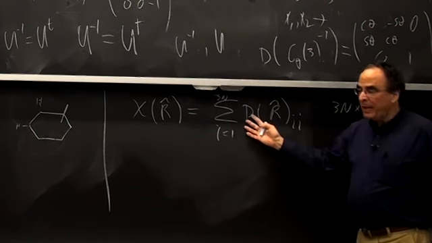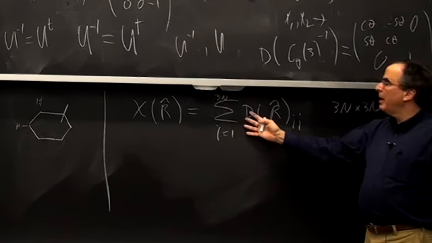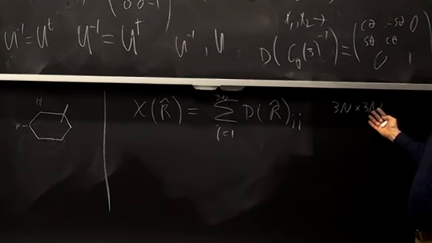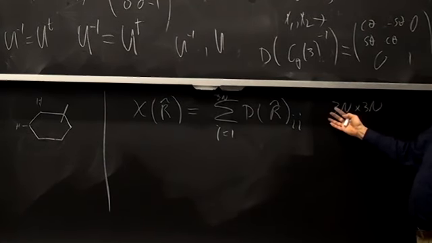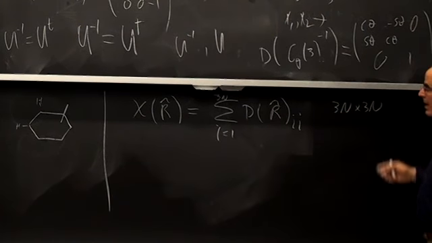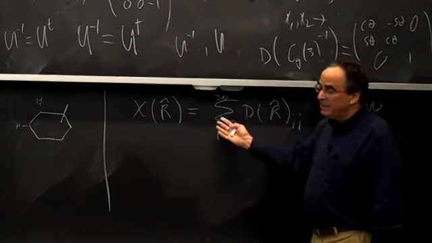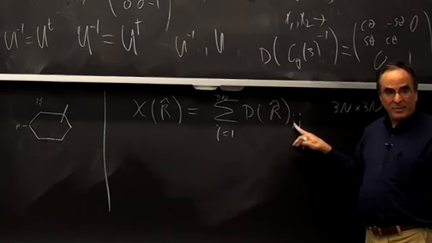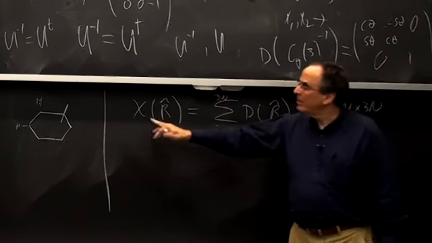So we have a matrix which will describe what any symmetry operation does to, say, the 3n Cartesian coordinates attached to the atoms. And we can just take the sum of the diagonal elements of these matrices, and that's called the character.